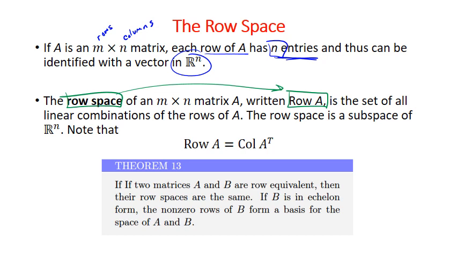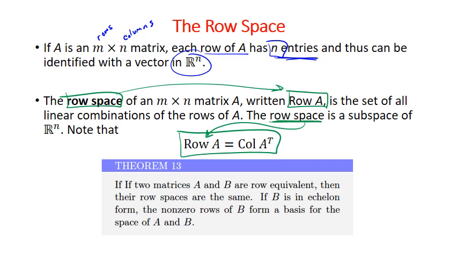So note that row A is equal to column of A transpose. So again, row space and row A are the same, and these are equal because the rows of A are identified with the columns of A transpose.